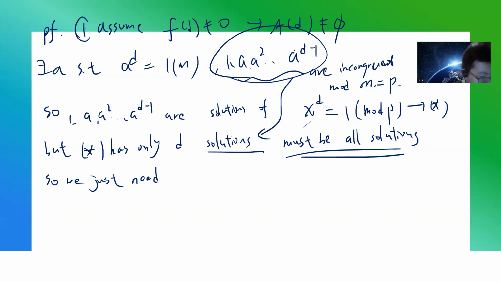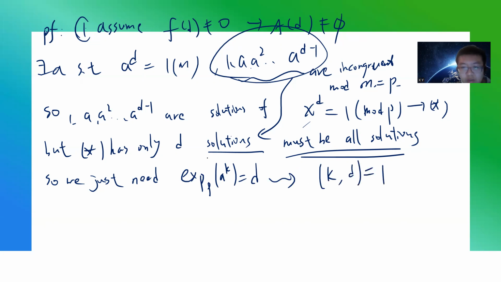Okay, so we just need to ask, in what case is the order of a to the k equal to d? Then by our previous lemma, this happens if and only if gcd(k,d) equals 1. Okay, then by definition, the number of k which makes gcd(k,d) equal to 1 is just phi(d).